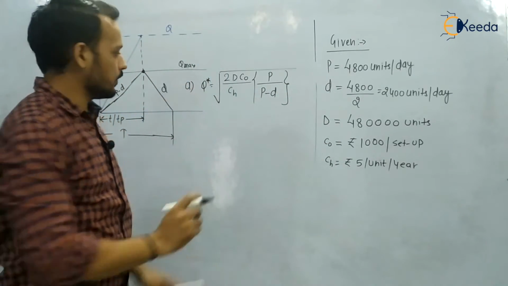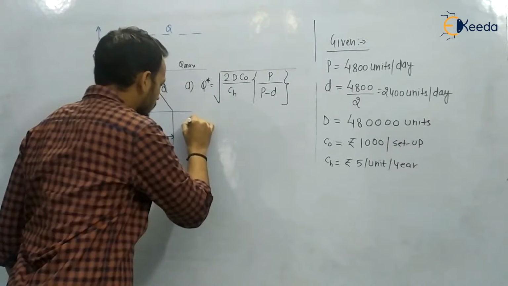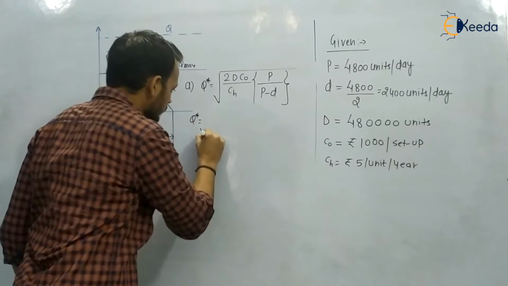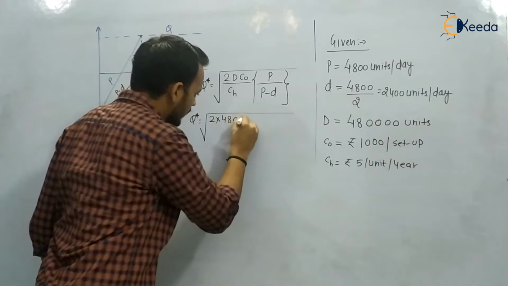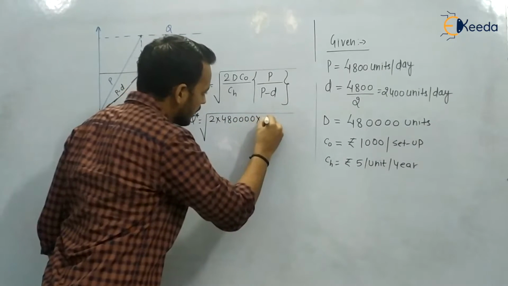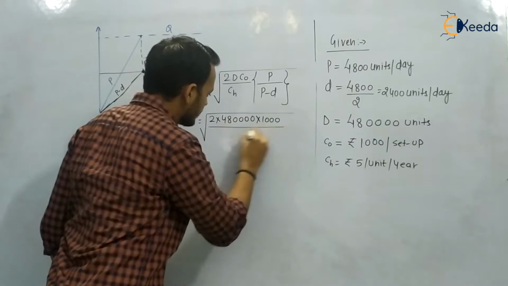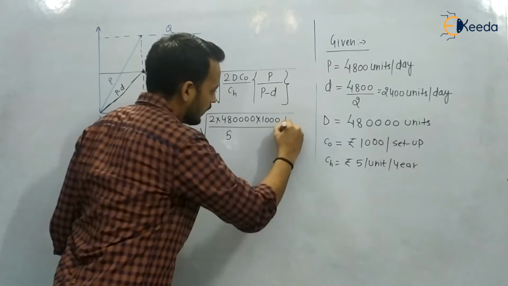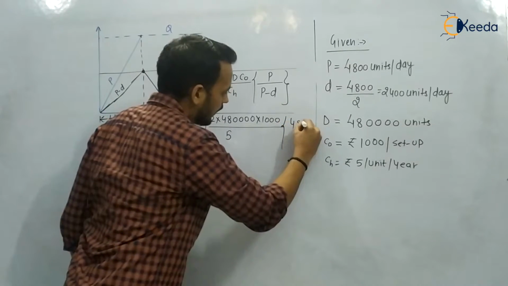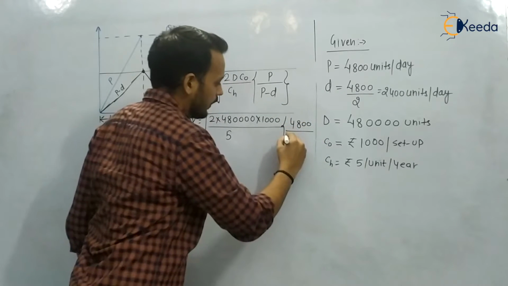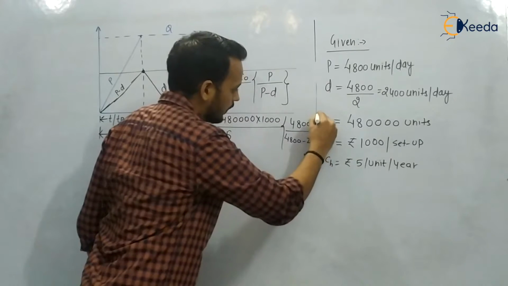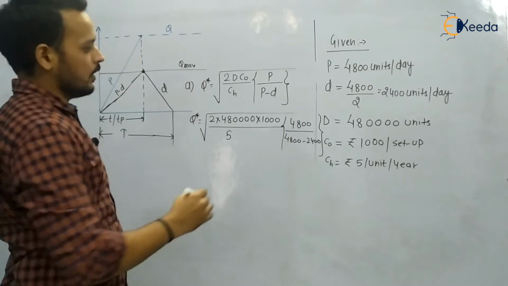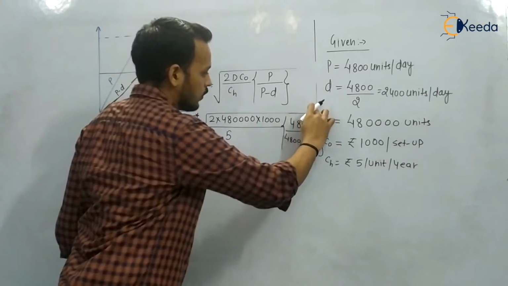So Q star equals the square root of 2 into 480000 into 1000 by 5, into 4800 upon 4800 minus 2400. Now you can just solve this equation.